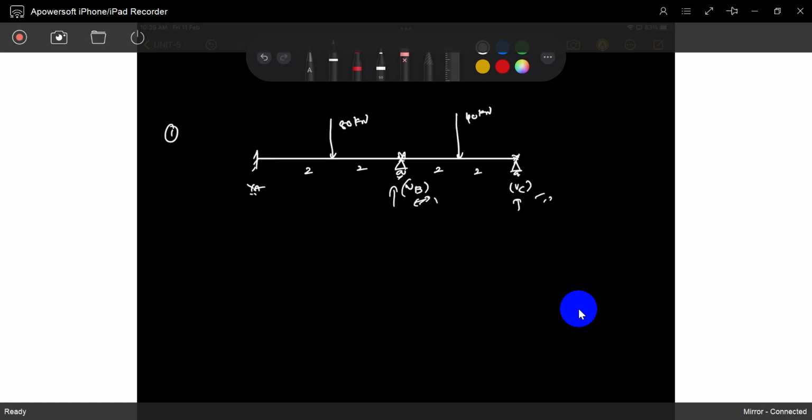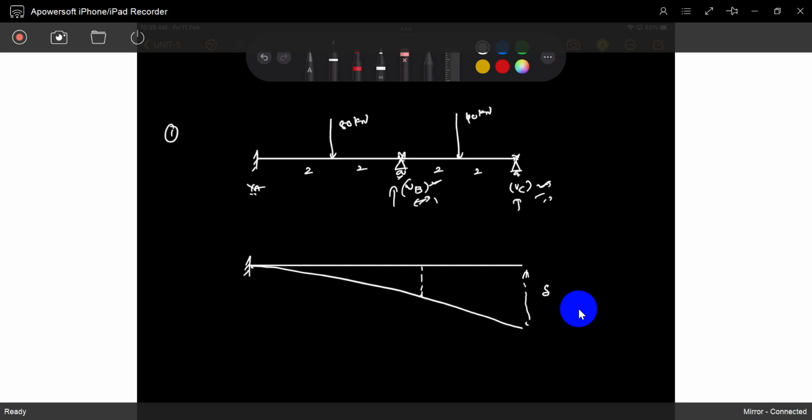Okay, so now you can see. I took VB and VC as the two unknowns. So remove them. You have to find out this delta. Here you have to find out this delta.